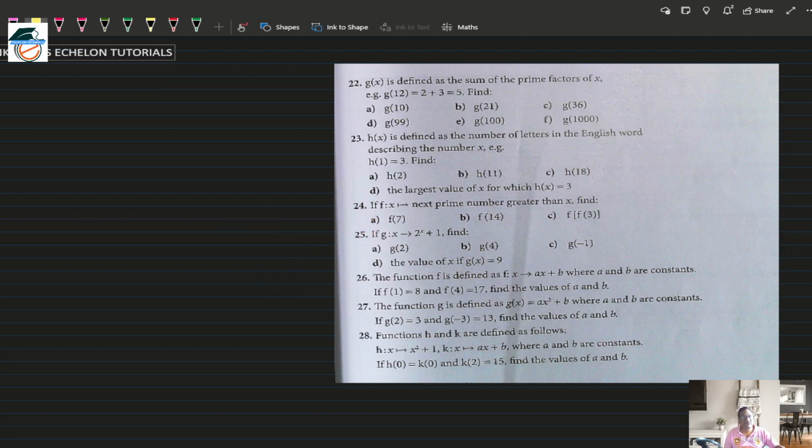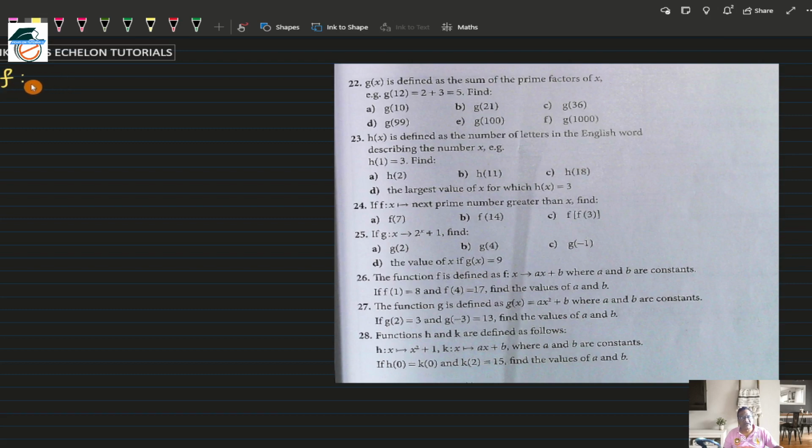So question number 24. Now what question number 24 has to say is, if f: x arrow next prime number greater than x. Find f of 7, f of 14, f of 3, right? So this is a function which is written in this form.